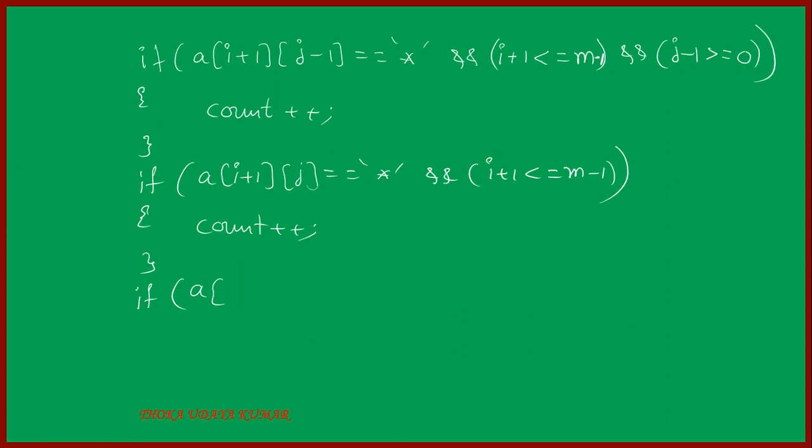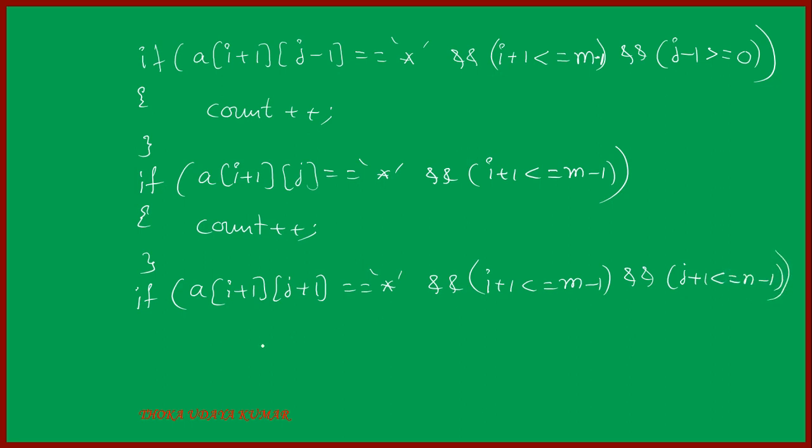So if a of i plus 1, j plus 1 is equal to star, and i plus 1 must be less than or equal to m minus 1, and j plus 1 must be less than or equal to n minus 1, again increment the count plus plus.